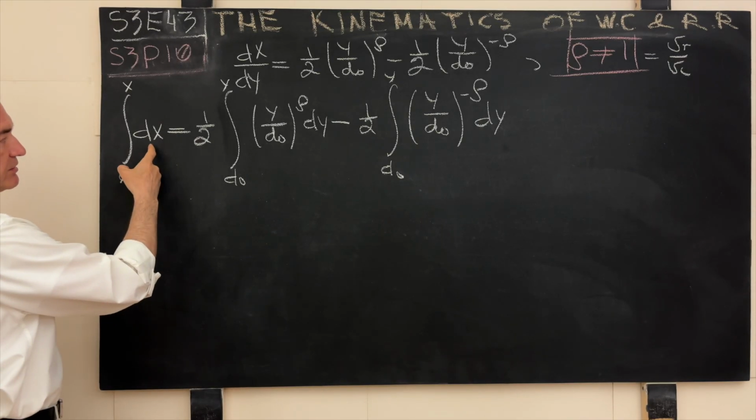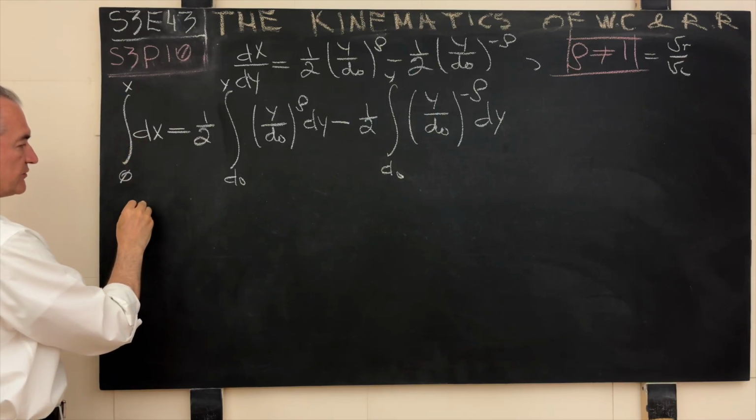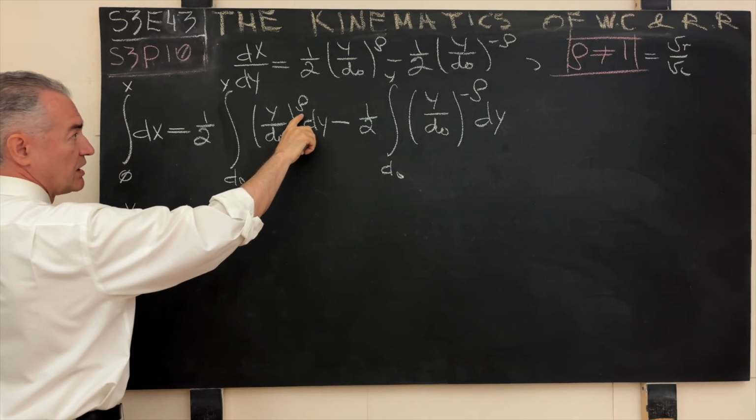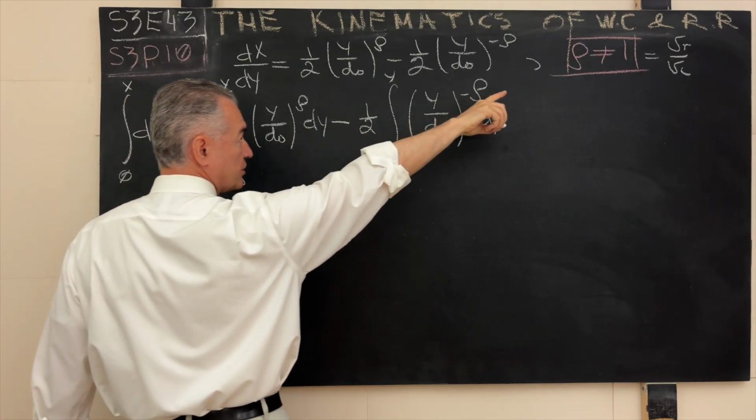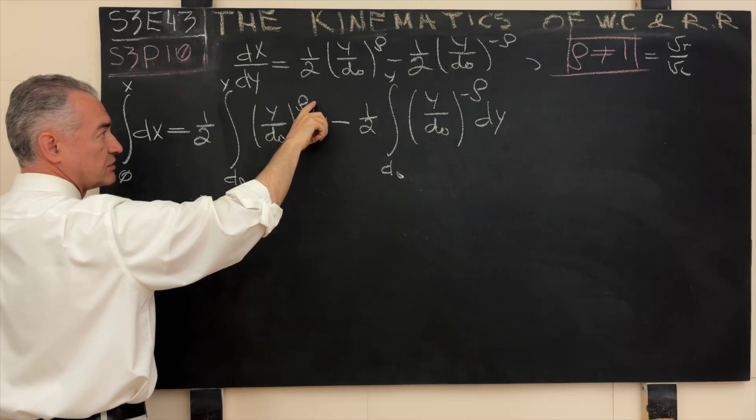Now, on the left-hand side here, we trivially have x, right? We'll have x right away. And here we will have also this, because remember, rho is not equal to 1. This integral is what?